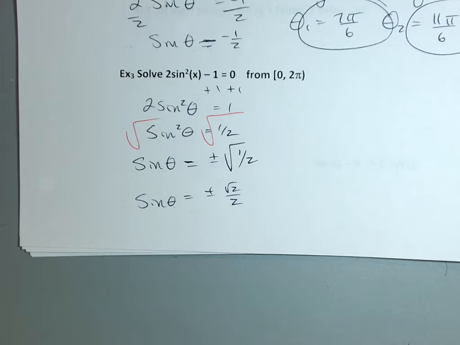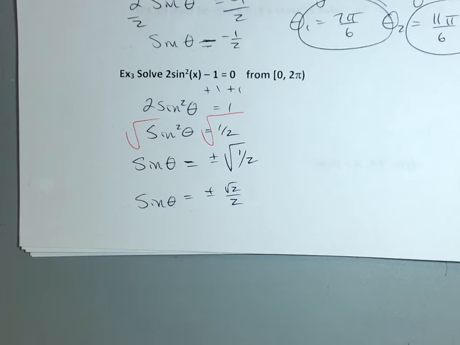Really what I have is the square root of 1 over the square root of 2, right? And then I fix the problem with the radical, square root of 2 over square root of 2, right? And then I'm going to end up with the square root of 2 over the square root of 4, which is 2. But I want this answer because there it is, right? Do you see it?